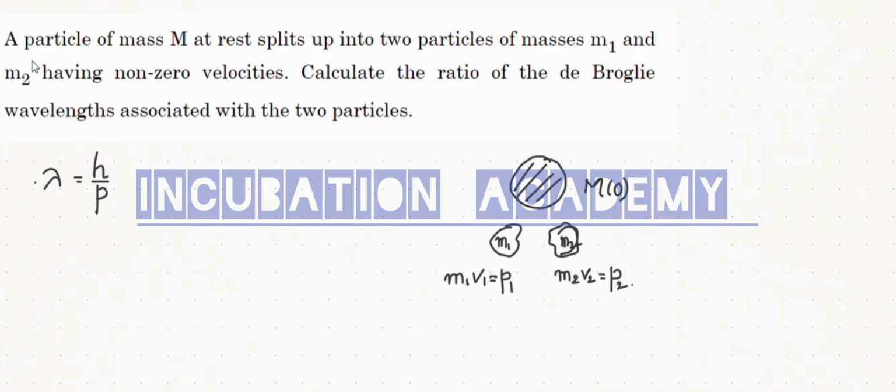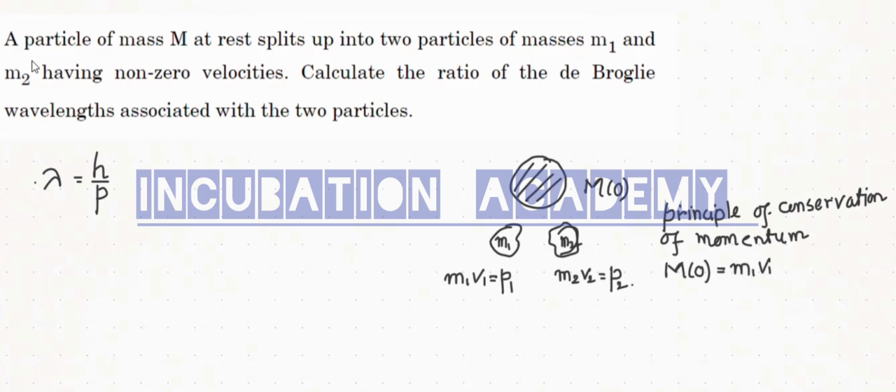So according to the principle of conservation of linear momentum, capital M multiplied by 0 is equal to m1 v1 plus m2 v2.